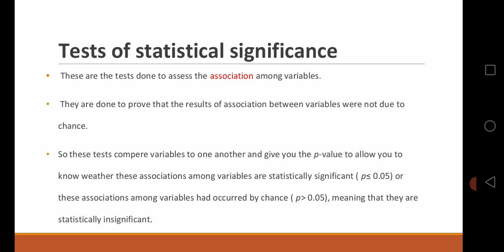These tests compare variables to one another and give you the p-value, just like we just said, and allow you to know whether these associations among variables are statistically significant, that is, when the p-value equals or is less than 0.05, or whether these associations among variables occurred by chance, meaning that they are not statistically significant, and this is when the p-value is greater than 0.05.